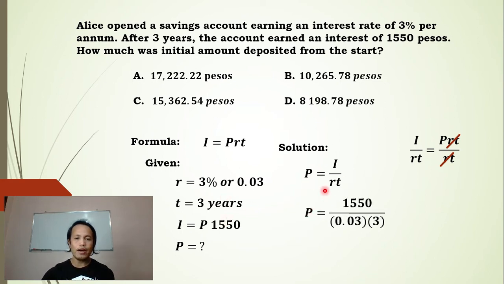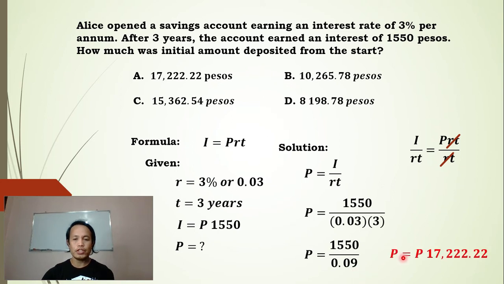So our interest is 1,550. Then the rate is 0.03, times our time, which is 3 years. Then we simplify. We multiply first the denominator, so we copy the numerator, 1,550. Then 0.03 times 3 is 0.09. Then by using a calculator, we can divide 1,550 by 0.09.